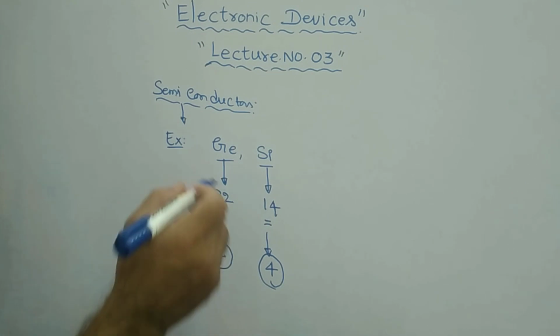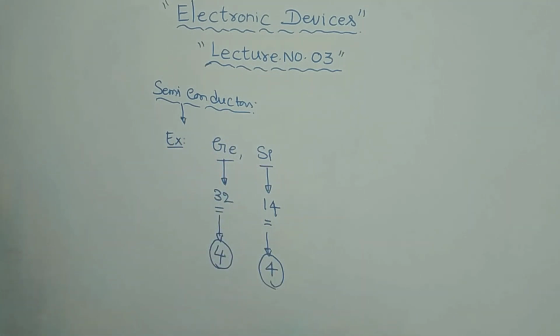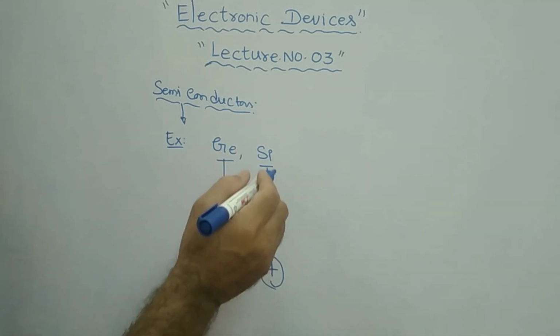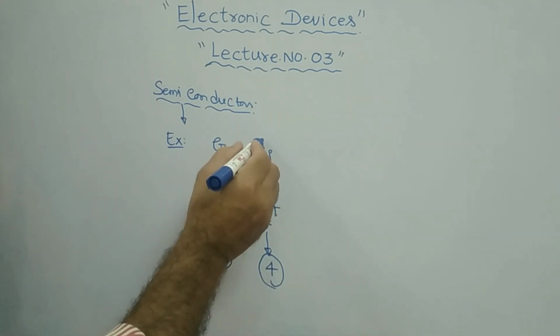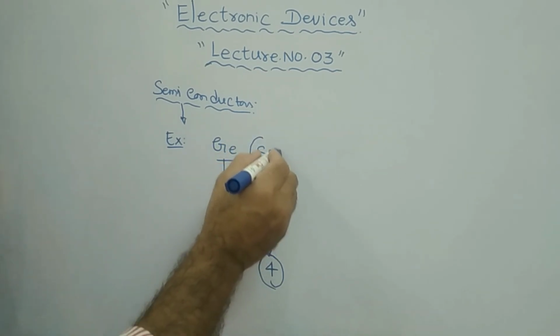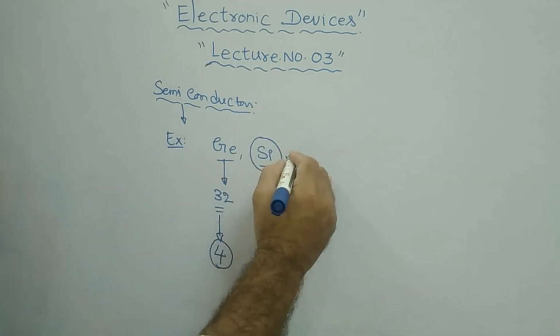If you compare these two, silicon and germanium, the most widely available material is silicon. Silicon is very abundantly available on the earth. That's why most of the time we use silicon rather than germanium.